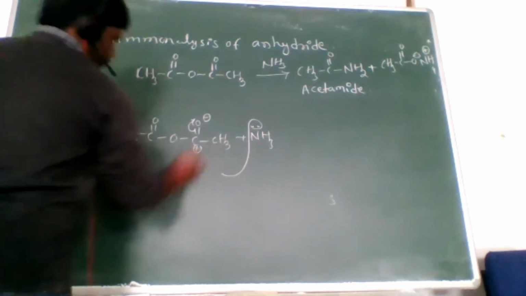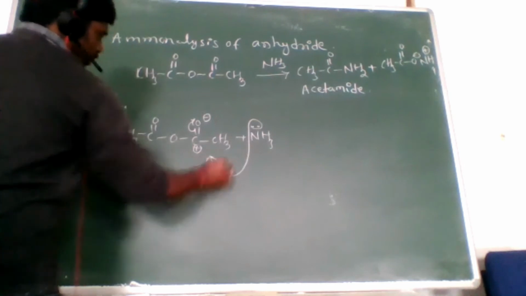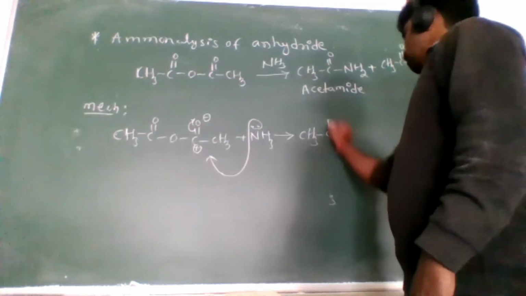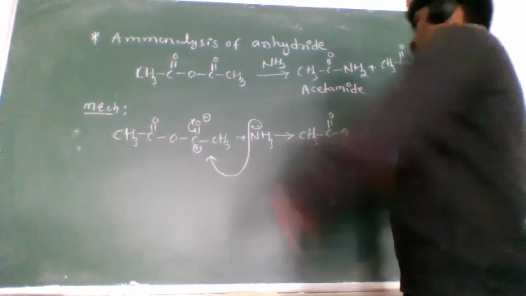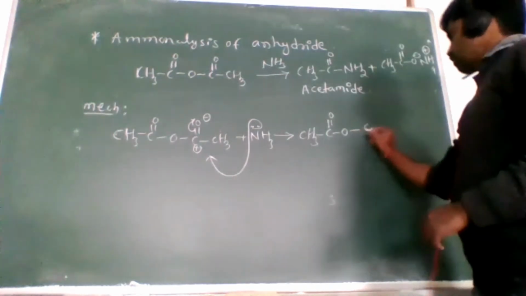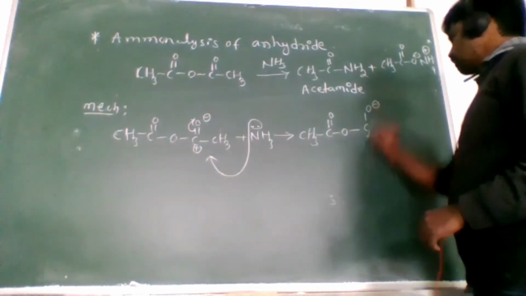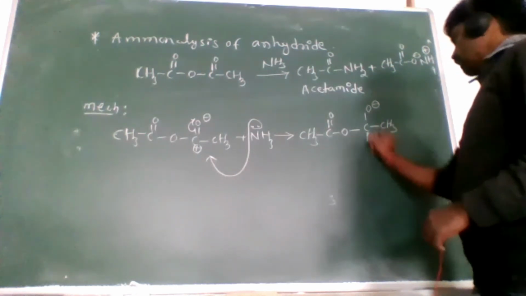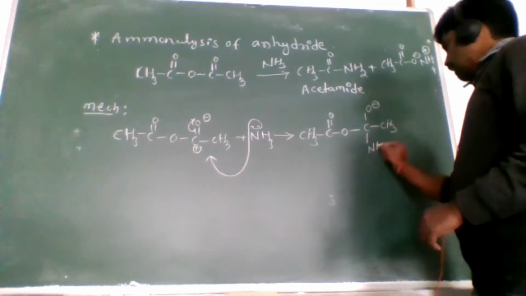Here the carbon gets positive, so it bonds with the nitrogen of that ammonia. Right, what remains here? CH3, C double bond O, after adding ammonia, C, CO minus. Here I'm writing the CH3. Next, here I write the NH2.